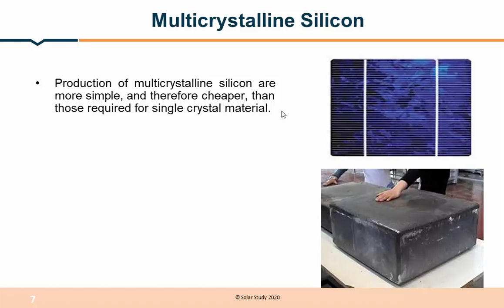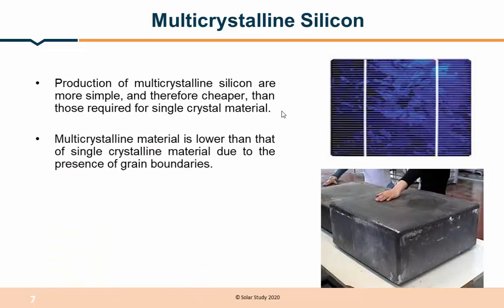Generally multicrystalline is much cheaper than single crystalline, so we see a lot of multicrystalline silicon solar cells. After slicing this ingot, you will see the rectangular shape, and you can clearly see that the edges are not curved here.